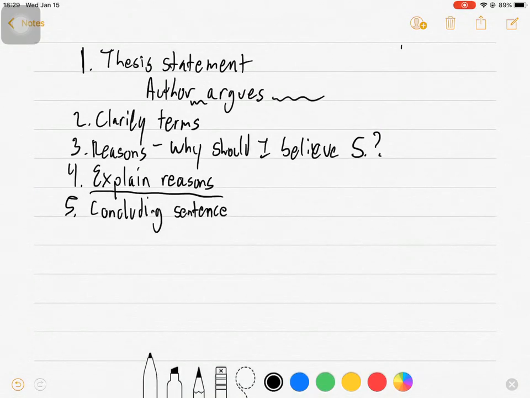So this is a possible structure. You don't necessarily have to use this structure, but all things considered, this might be one that would help you achieve the targets and the expectations as outlined in the rubric of having an organization and a presentation of the ideas. You want to be able to present the ideas from the paper in a way that's going to be intelligible for your reader, especially a reader who has never read Savulescu.